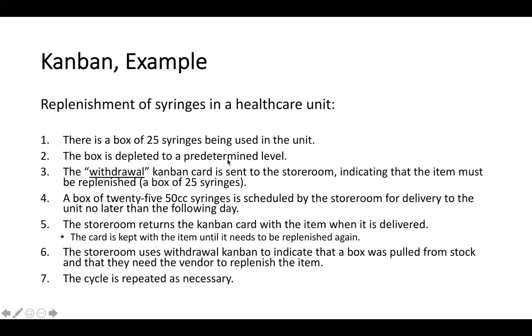So that predetermined level for them is going to be 5, because they know by the next day they're going to receive another box of 25 syringes. They're going to finish using those 5 that were left in the previous boxes.